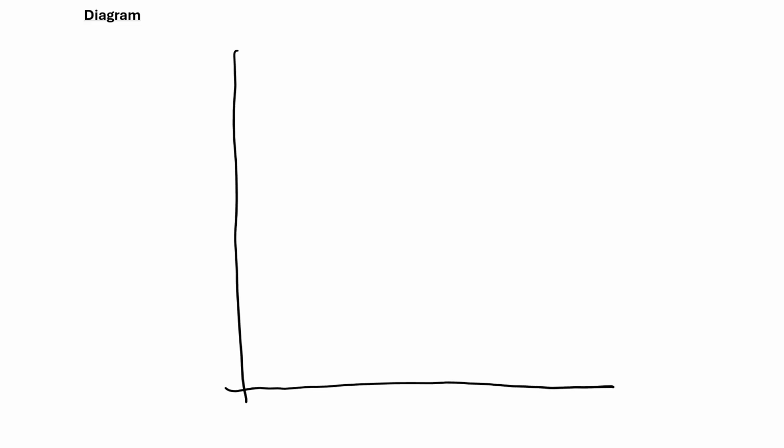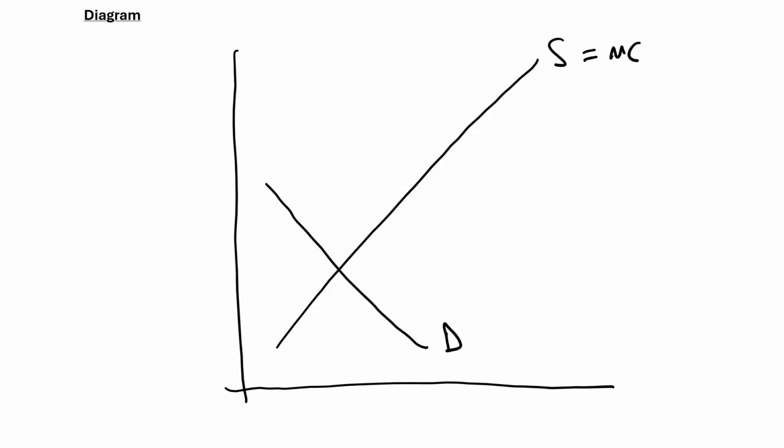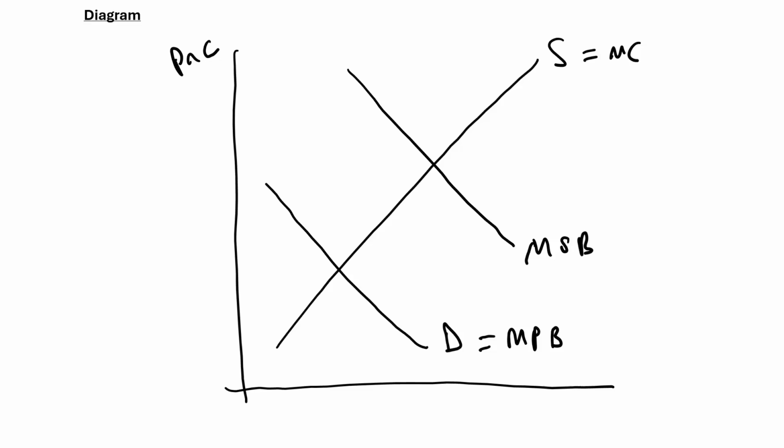The typical diagram that we use to depict this idea of externalities is, we have our supply curve, which represents the marginal costs, and we have a demand curve, which in this case is going to represent the marginal private benefit, or MPB. And then we have a marginal social benefit curve, which sits above the private demand curve. And obviously we're going to have price on the vertical axis, and here we have the quantity of consumption on the horizontal axis.